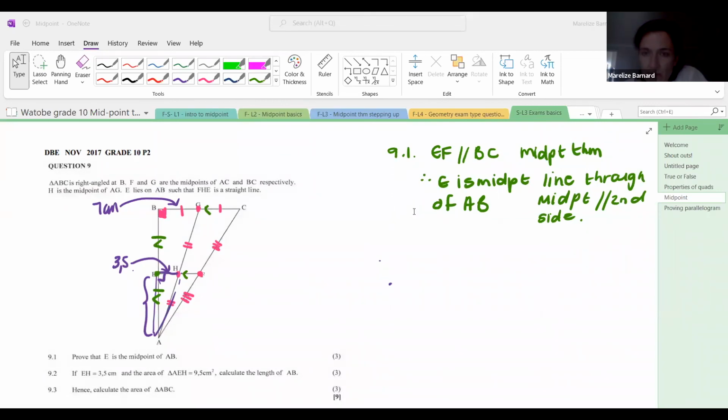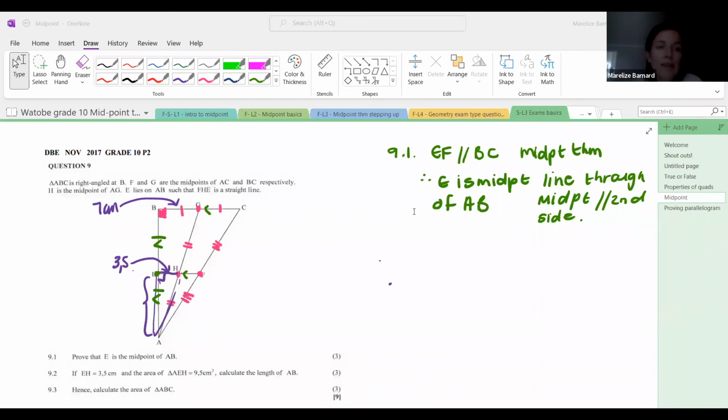If you're not sure, please just ask a question. Okay, and now hence, that word hence, what does it mean? It means you've done 9.1 and 9.2. Now you're going to use what you did in 9.1 and 9.2 to solve the area of triangle ABC.